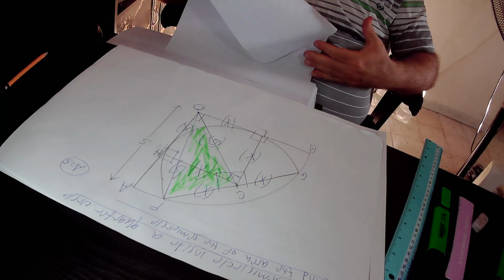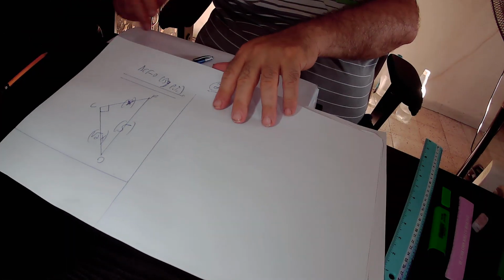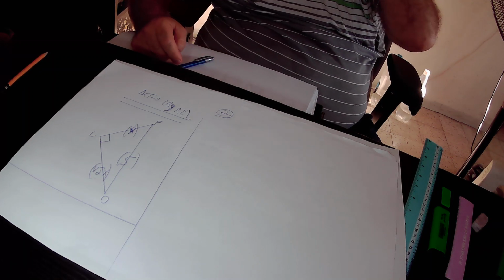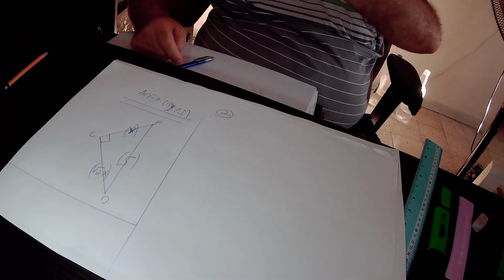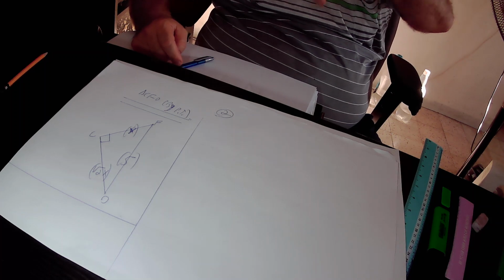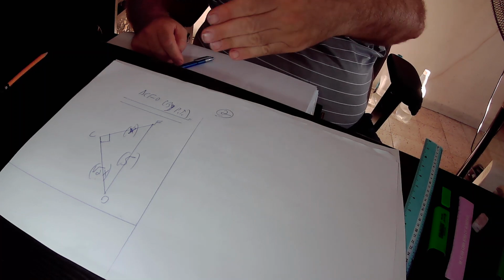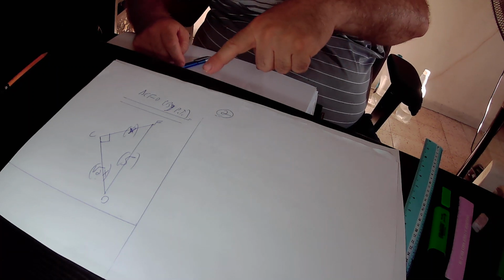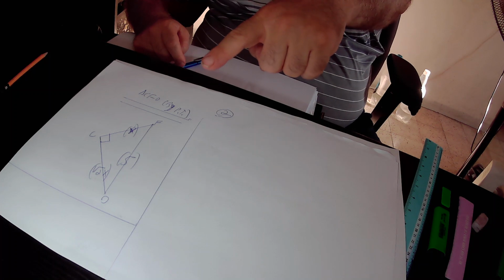So this is the right angle triangle CFO from the original drawing. According to the Pythagoras theorem, in this right triangle CFO, FO squared, that is the square of the hypotenuse, equals FC squared plus CO squared.